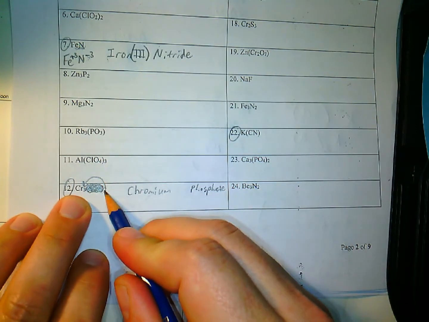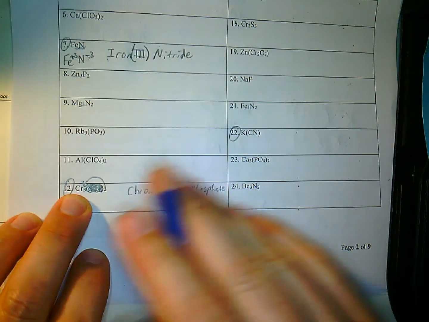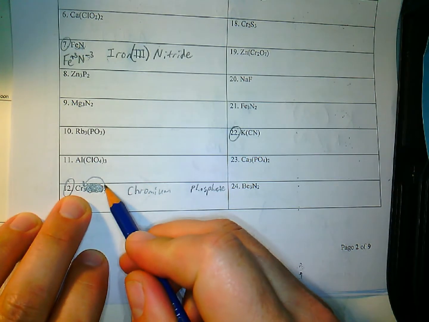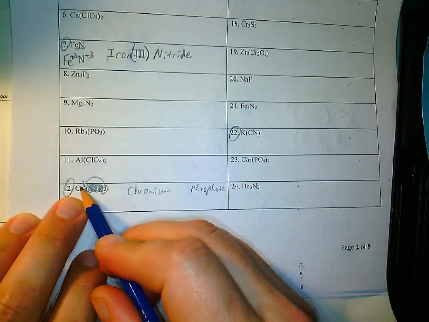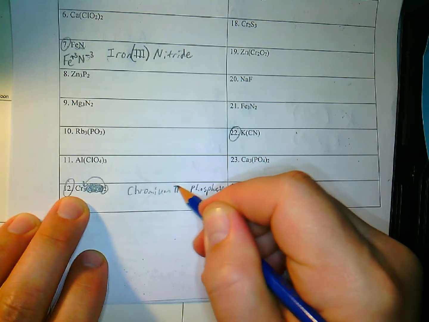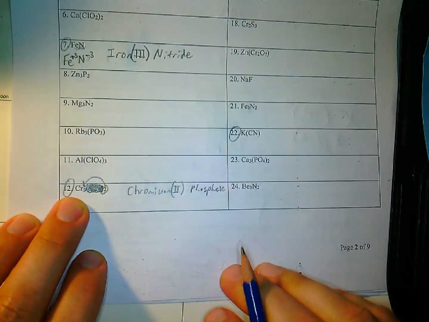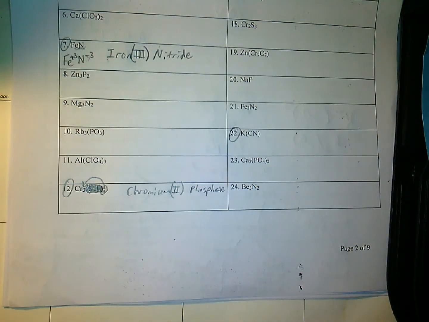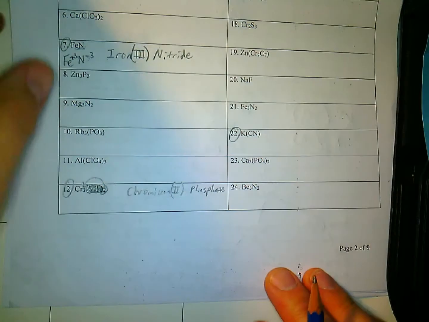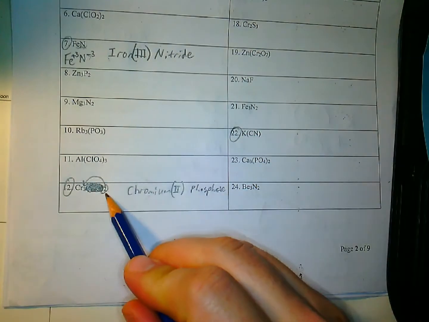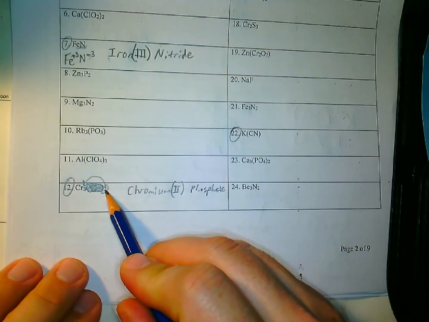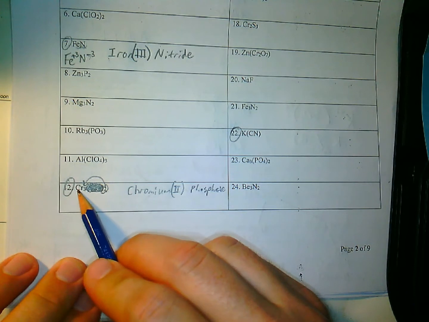This 2 over here, on every compound you ever look at, the number outside here is always the charge of the metal. So it's chromium(II) phosphate. The number outside right here is always the charge of the metal, which is Cr in this case.